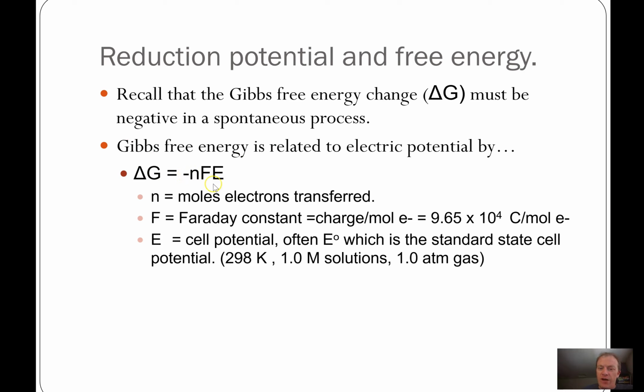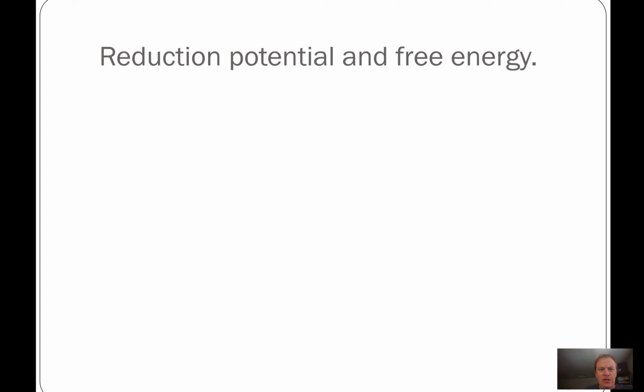This is something called the Faraday constant, which is the charge of a mole of electrons. So there are 9.65 times 10 to the fourth coulombs in a mole of electrons. And then the E, this is the standard cell potential that we calculate. This is a constant, so we can just figure out this n and this E. We can make this calculation.